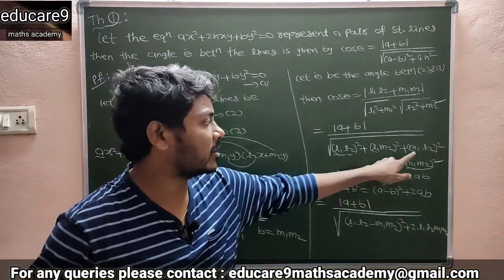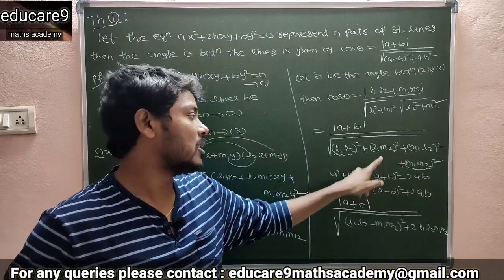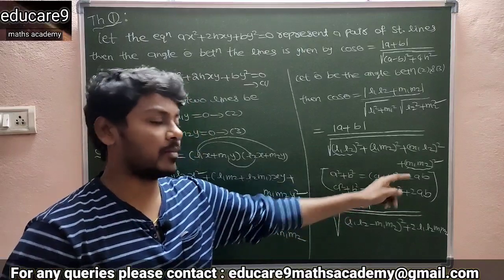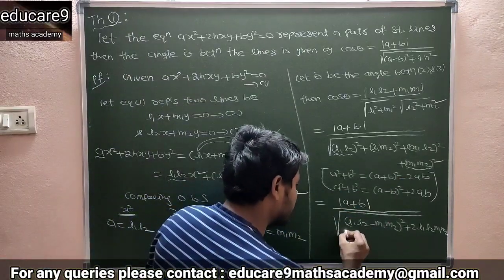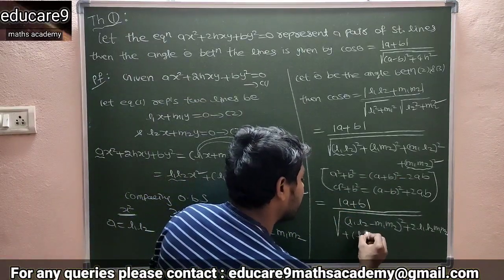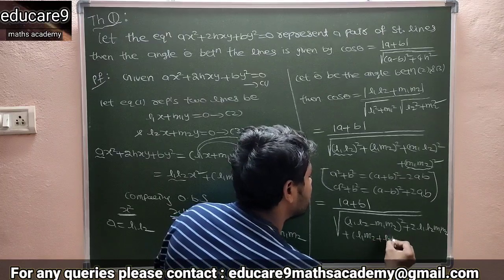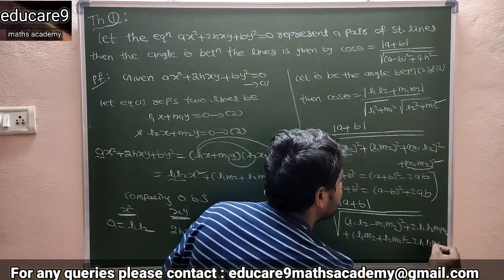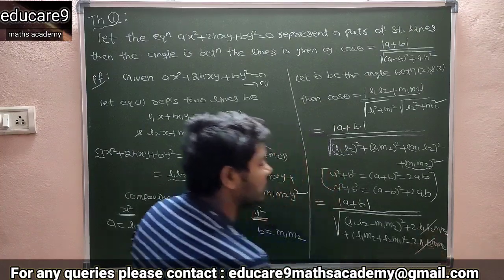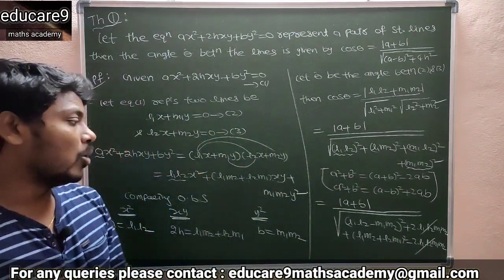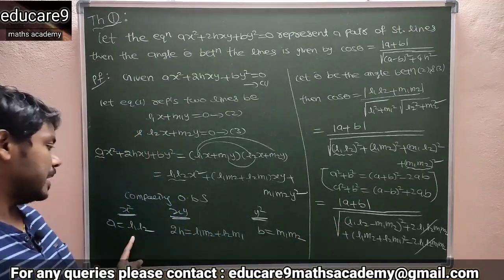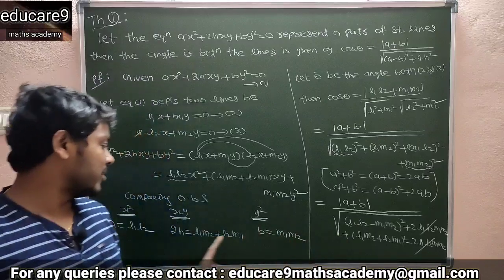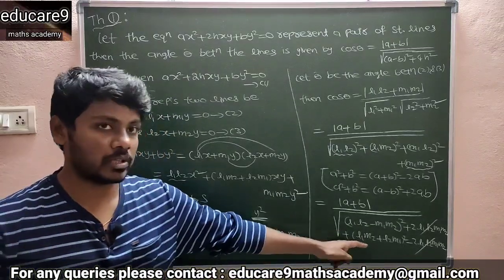Next, for the second and third terms, A square plus B square, we apply the first formula, that is (A plus B) whole square minus 2AB. That is plus (L1 M2 plus L2 M1) whole square minus 2 L1 L2 M1 M2. So these two terms get cancelled. Now, L1 L2 is A and M1 M2 is B, so this is (A minus B) whole square. L1 M2 plus L2 M1 is 2h, whole square.